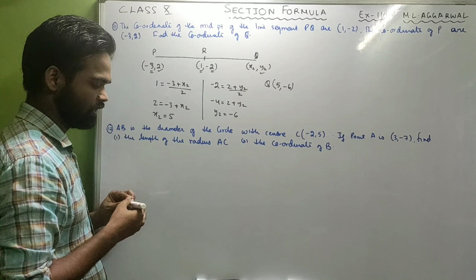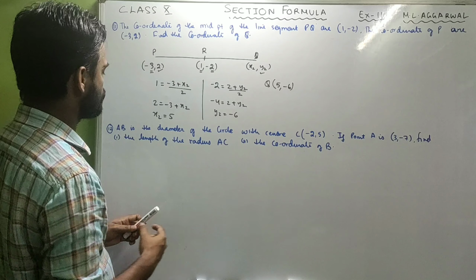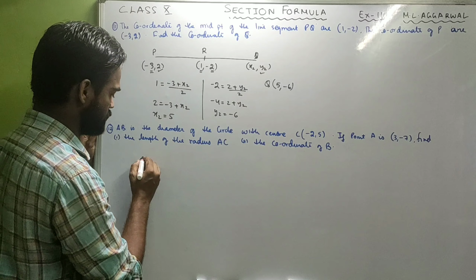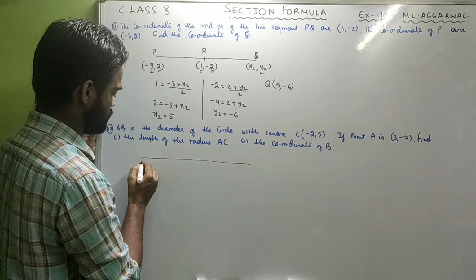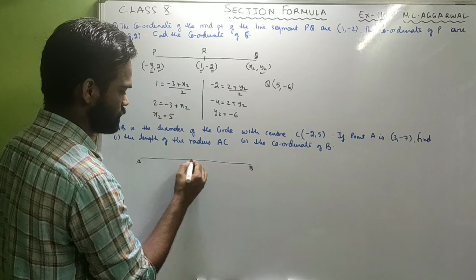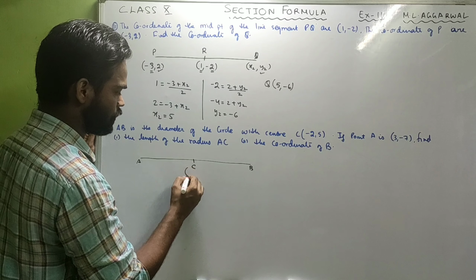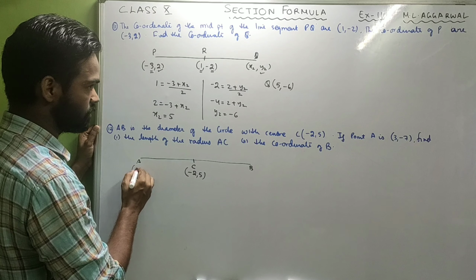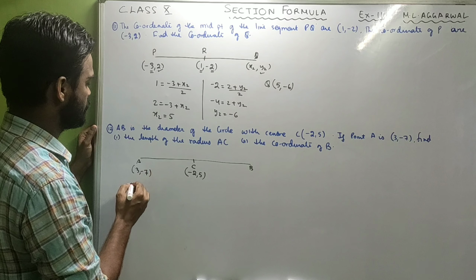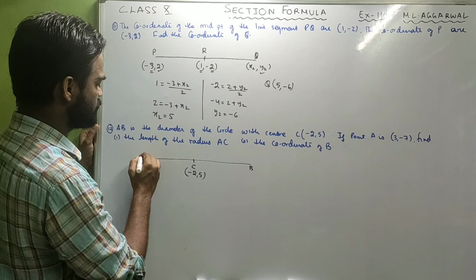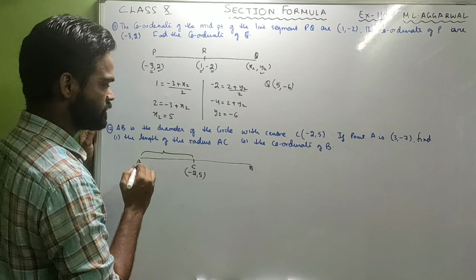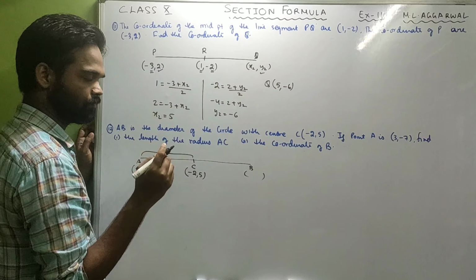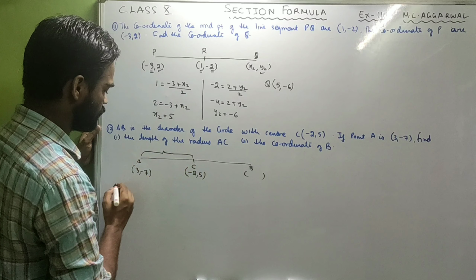Done. Very easy. Now look, number 12. AB is the diameter of the circle with center C, which means this is your A, B, and the center is C. C's coordinates are given as minus 2 comma 5. If the point A is 3 comma minus 7, find the length of the radius and the coordinates of B. Radius is nothing but AC. We just did a sum like this. So first of all, the radius AC.